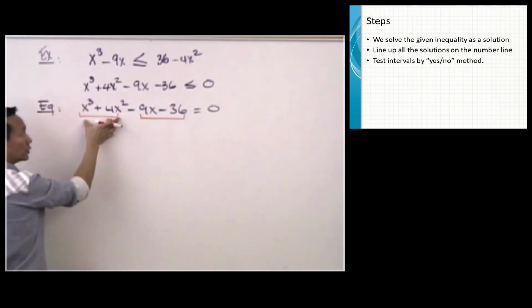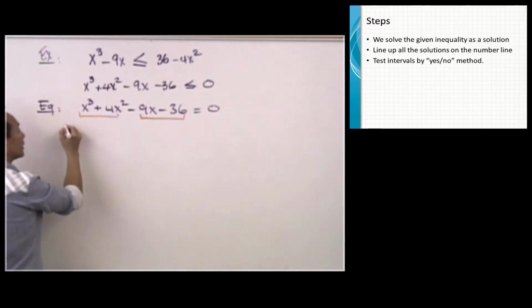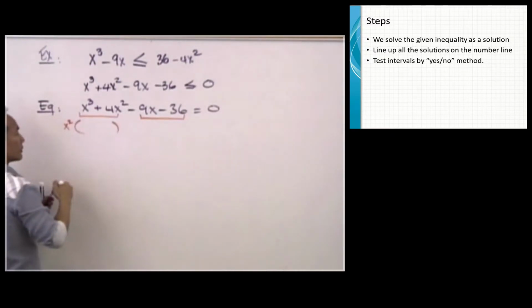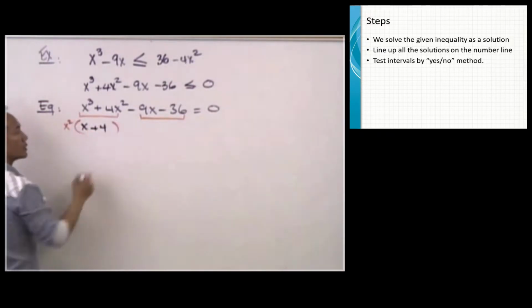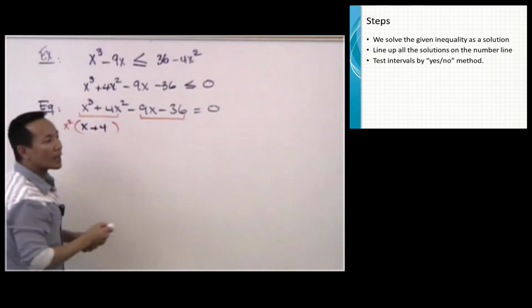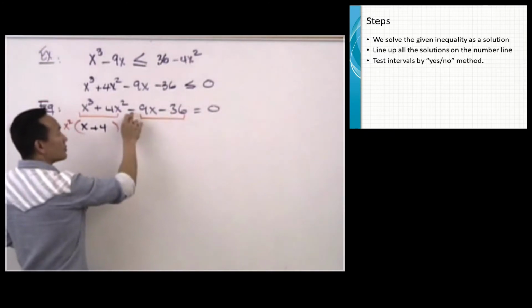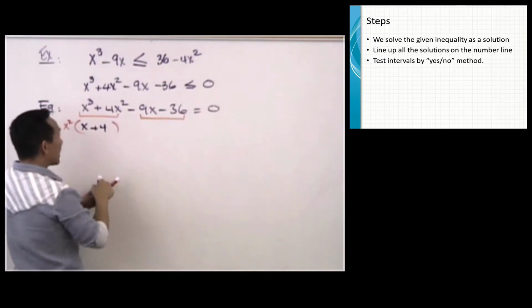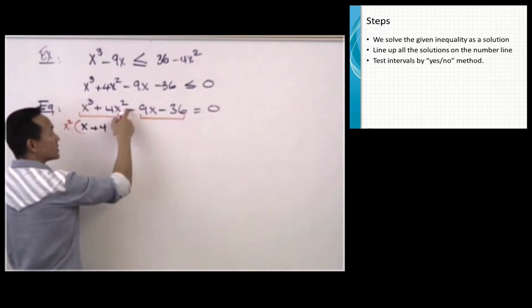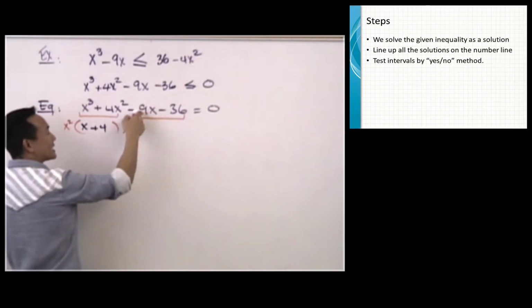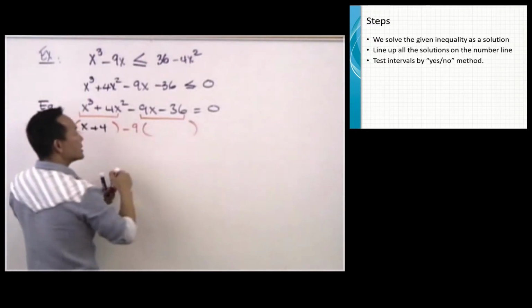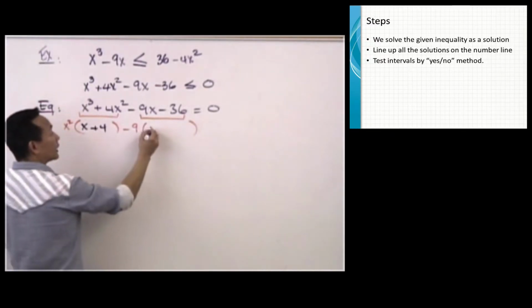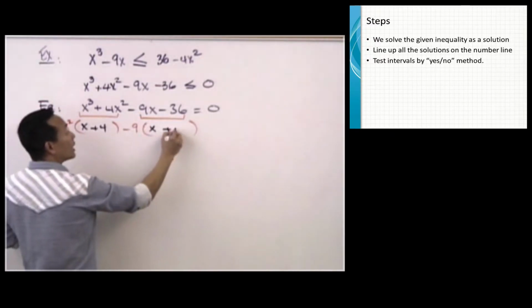I group the first two, and I group the next two. For the first two, I can factor out x squared, so what I have left is x plus 4. For the next two, I am going to factor out negative 9, because this number is the leading coefficient. I take out negative 9, and here I have x plus 4 left.